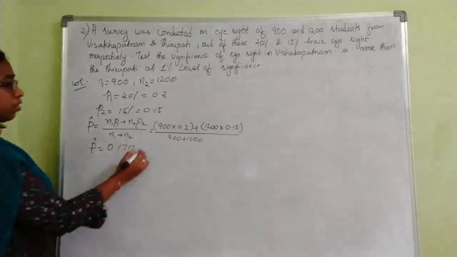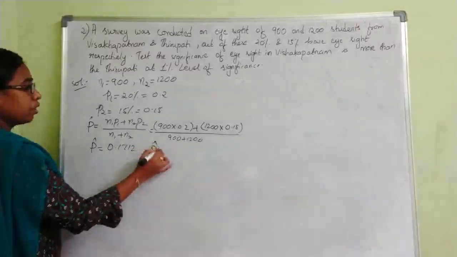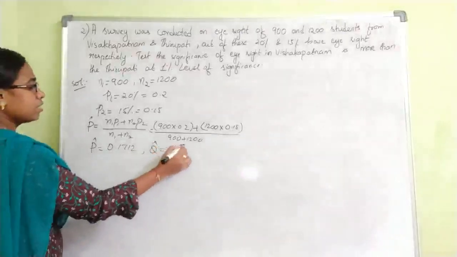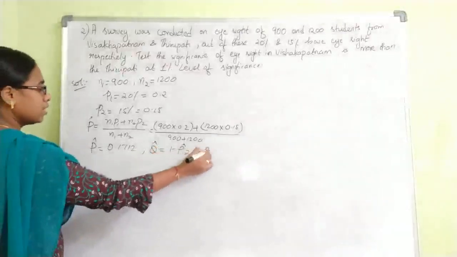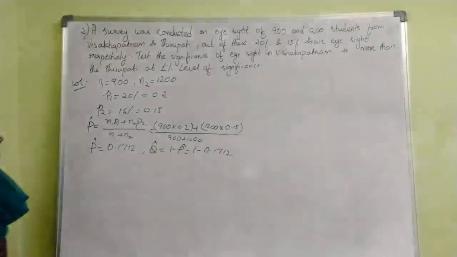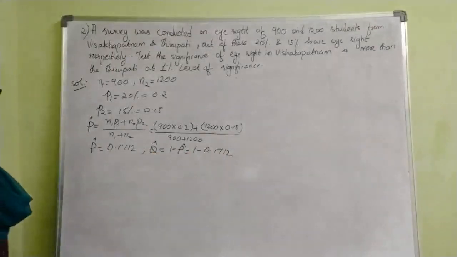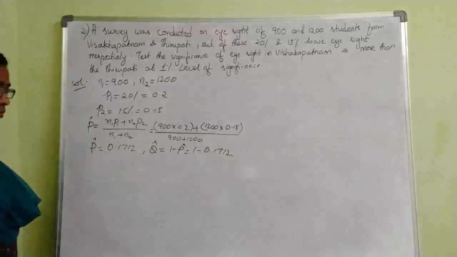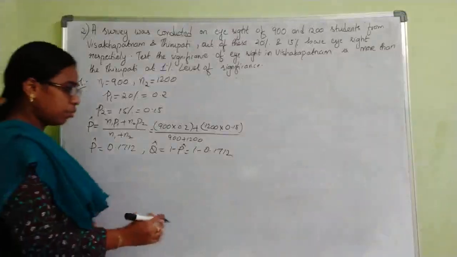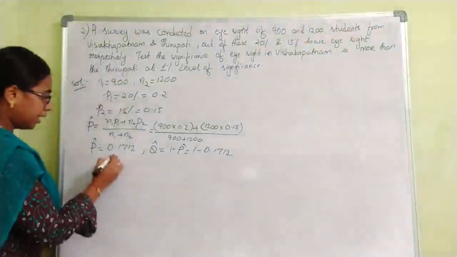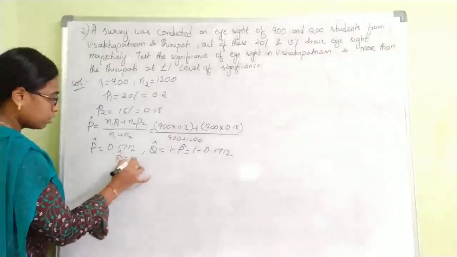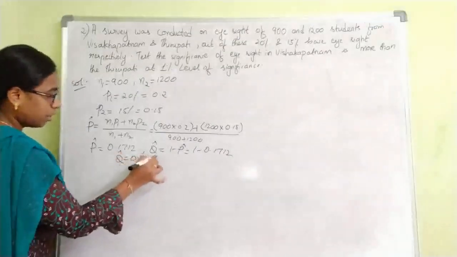So next find out the Q hat value. Q hat equals 1 minus P hat equals 1 minus 0.1712, which is equal to 0.8288. So Q hat equals 0.8288.